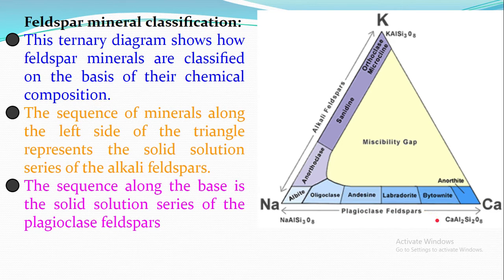So the feldspar has composition between potassium aluminum silicate, sodium aluminum silicate and calcium aluminum silicate. They are the silicate minerals.